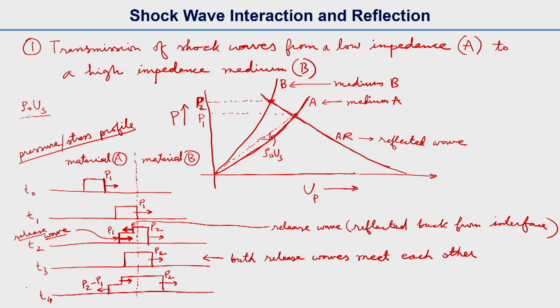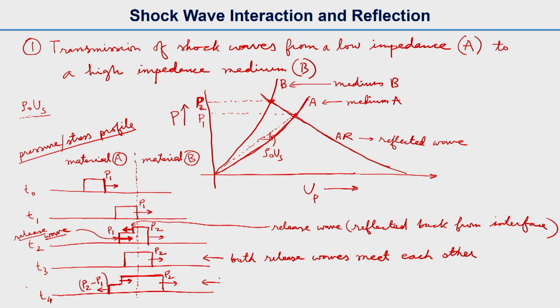P2 minus P1 is the pressure of this part of the wave, and the other part is still at pressure P2. This results from the pressure decrease from P2 to P2 minus P1.